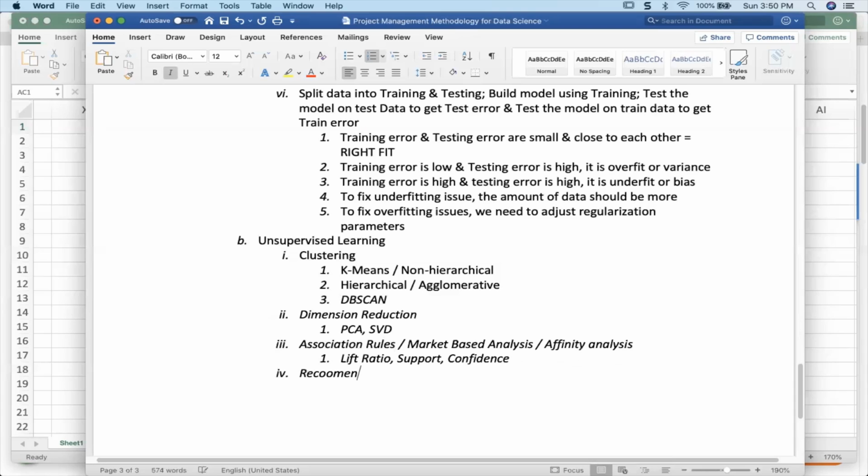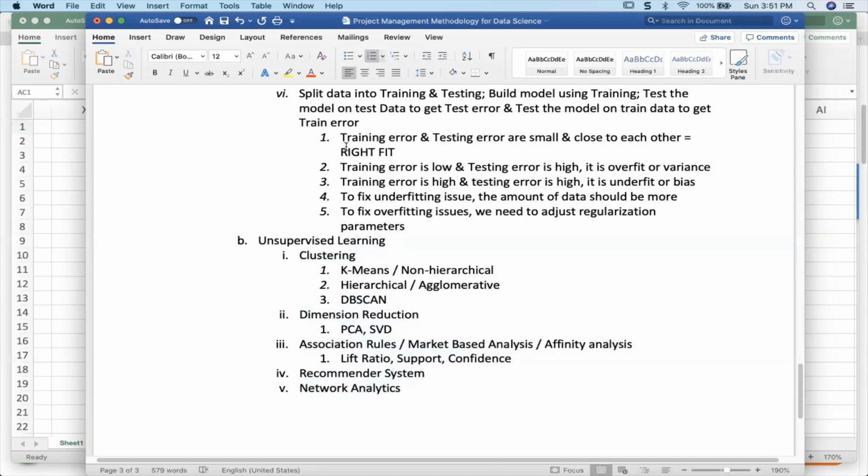Then you should learn about recommender systems, and you should know the code. Also, then you will have network analytics. I think these should do, guys. These should do pretty much. Okay, you'll be very confident if you do all these things.